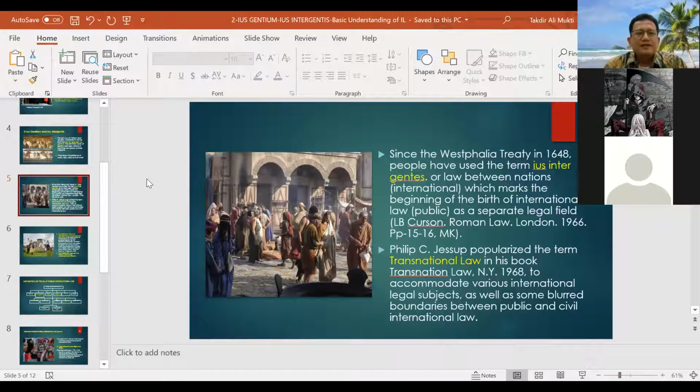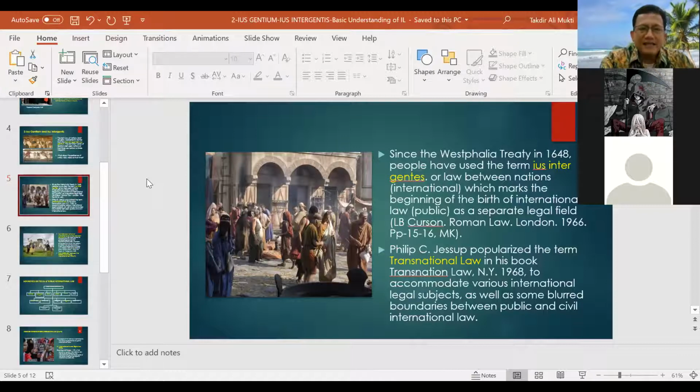Grotius's suggestion to recognize non-state actors as subjects of international law was successfully agreed in the Westphalia Treaty. And this is the birth of modern international law.